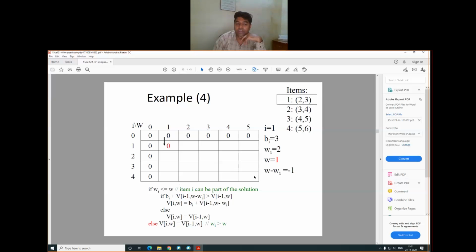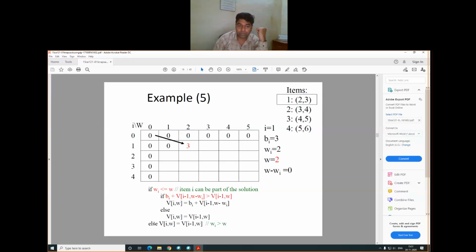Okay, so in this case, which of these three cases are we using? Item i cannot be a part of the solution, because V[i, w] is equal to V[i minus 1, w]. Since w of i is greater than w, that gives a negative value, so we are using the else part.